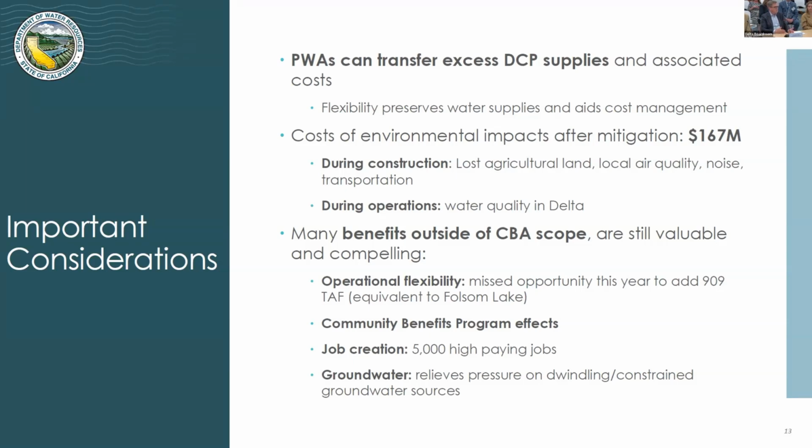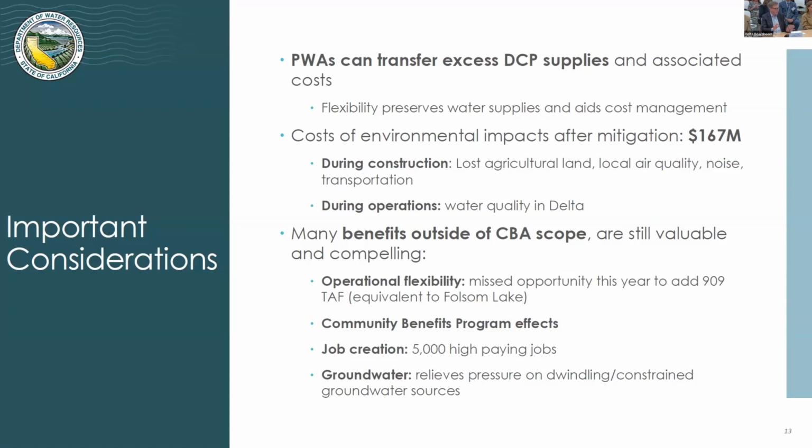But then we put a monetary value to it using standard methods. For example, the Federal Department of Transportation has a standard method for valuing traffic congestion because they do highway projects all over the country. So the monetary value of those local nuisances is about $167 million.